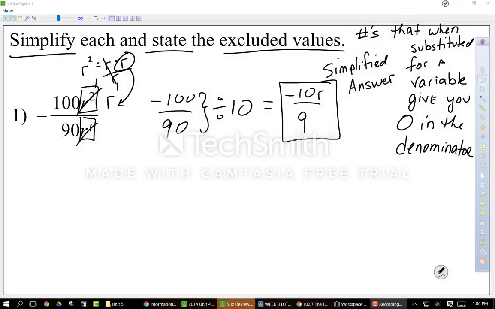They're numbers substituted in for the variable that will make the denominator 0. Why is that a bad thing?